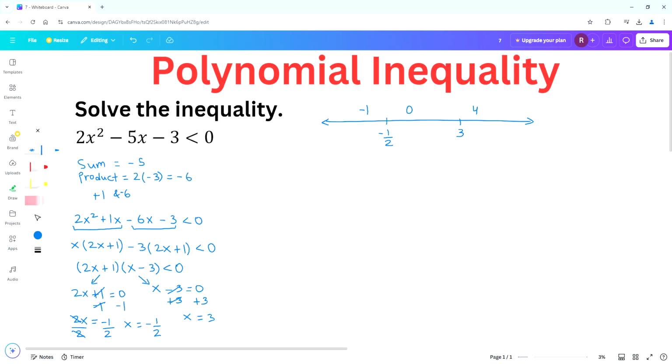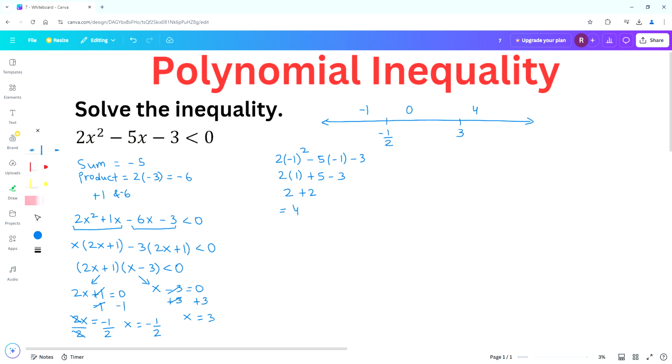Let's start with -1. We sub in x as -1 in the given inequality. I get 4.